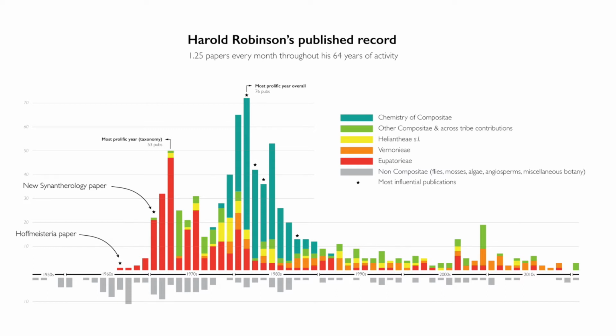So at any rate, I just wanted to show this graphic because it shows the magnitude of the work done by Harold Robinson and Robert King with the use of microcharacters, which are the subject of this short introduction.